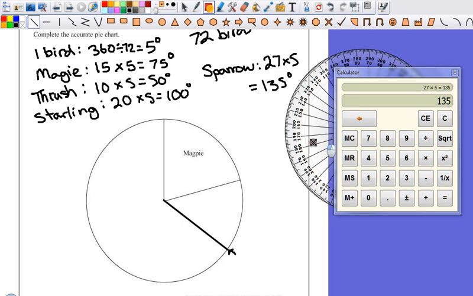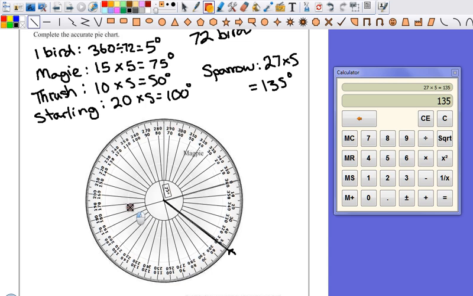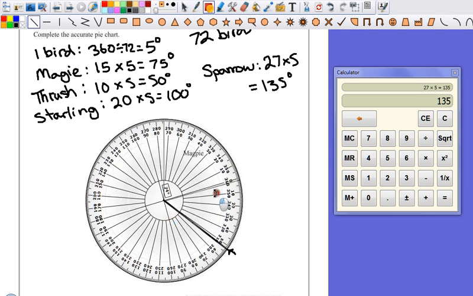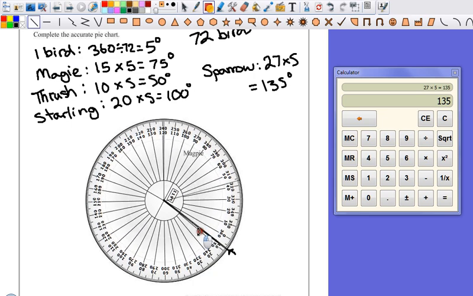Just going to bring the protractor back, put it in place, check that that's okay. 0 there, not exactly lined up, I don't think. Yeah, that's good enough. I mean, I'm going to be about half a degree out, but as long as you're within 2 degrees, should be okay. So for the next one we want is starling, so put 0 on the new line.